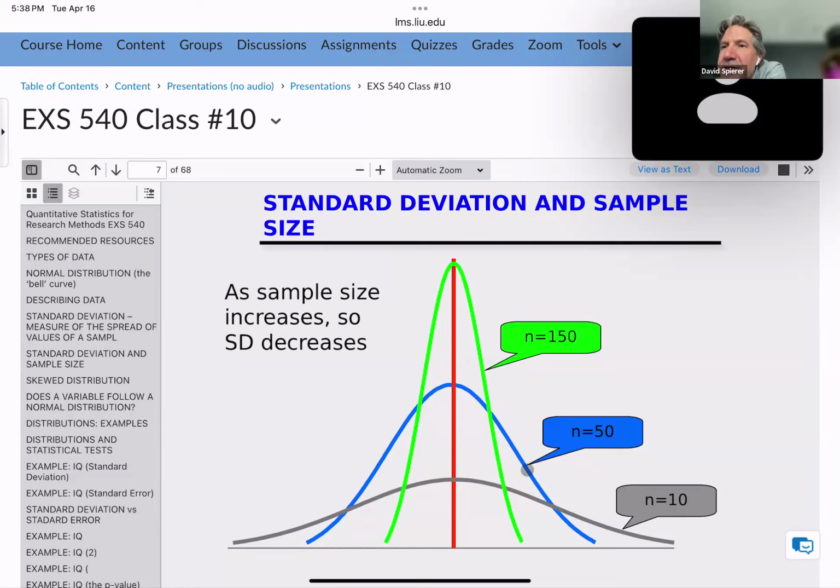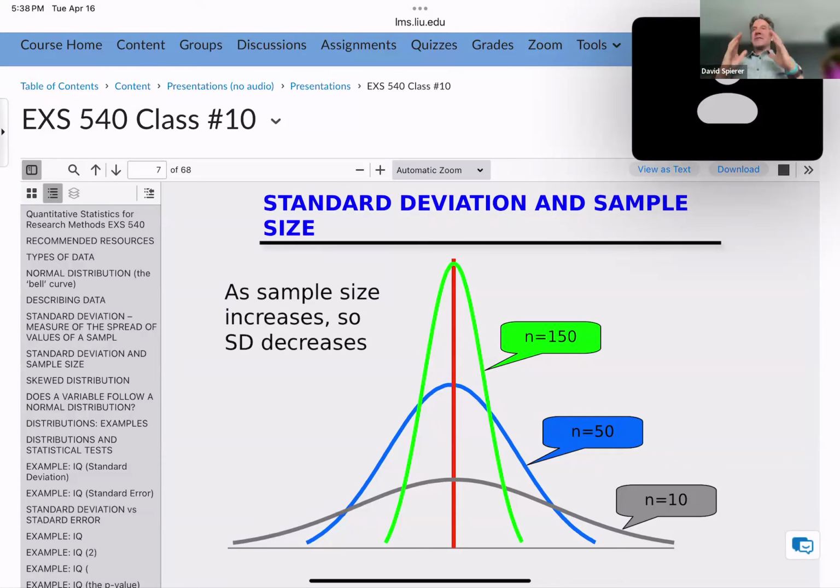About 50 of these individuals will fall within 1 standard deviation of the mean. And then about 10 of these individuals will be way outside. So some will be around the mean, but some will be outside of those standard deviations.